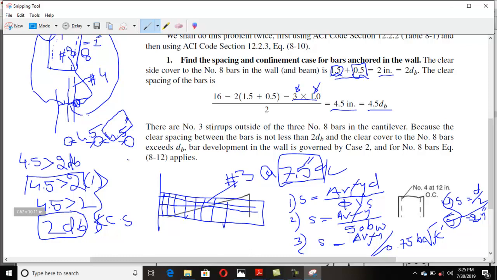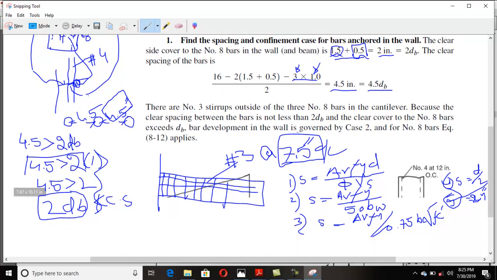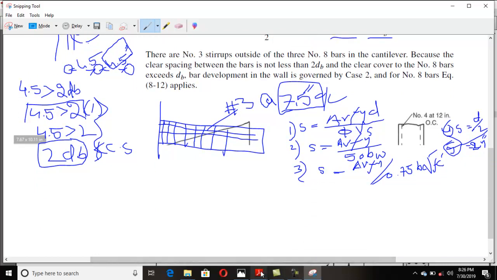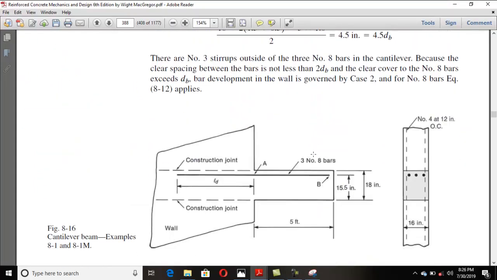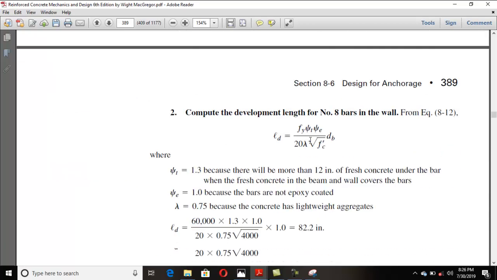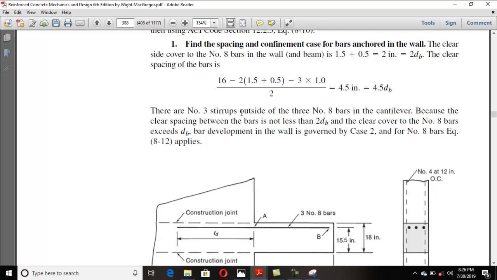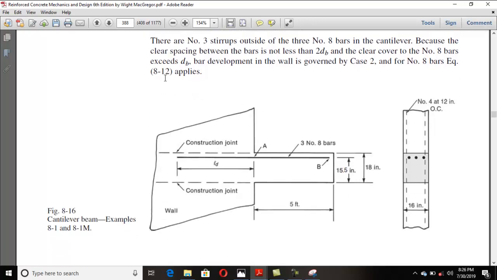But if you are interested to use case number 1, you have to check your stirrups or ties criteria. So therefore we will check that spacing, whether that criteria is fulfilled or not. It's equation case number 2, and for number 8 bars equation 812 will apply.